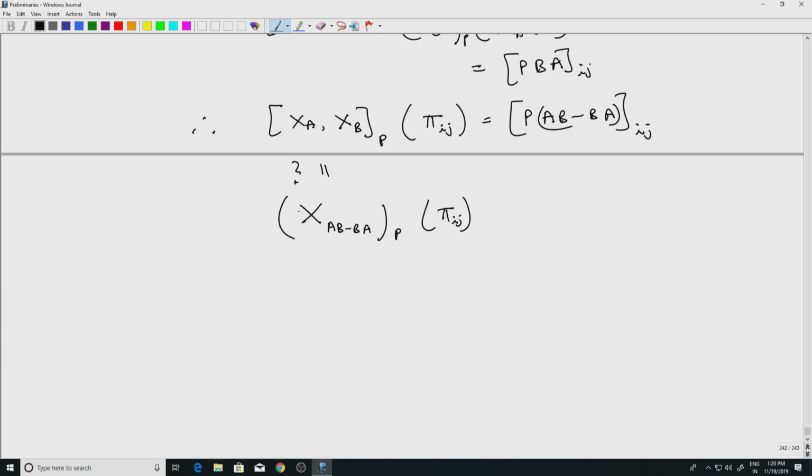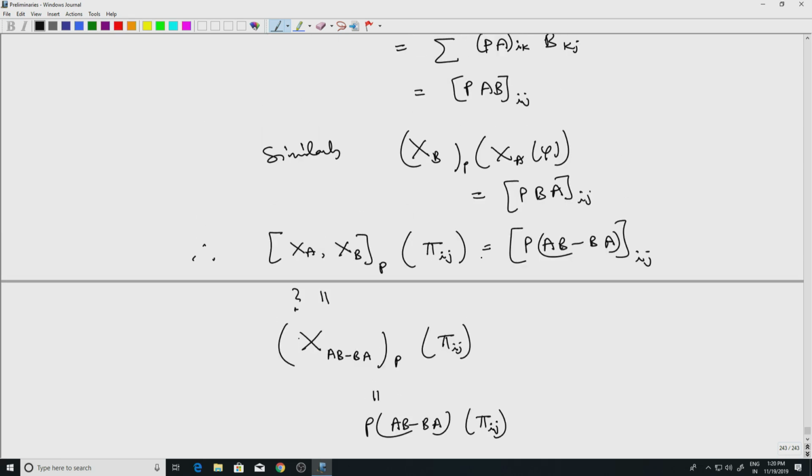So we have this equal to pi_ij. Now I want to know whether this is equal to this, and I have reduced it to this expression. And we know that this is equal to PAB minus BA. After all, we have an explicit description of the left invariant vector field like this, and this is supposed to act on pi_ij.